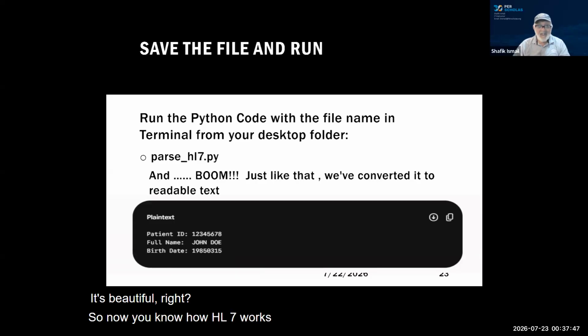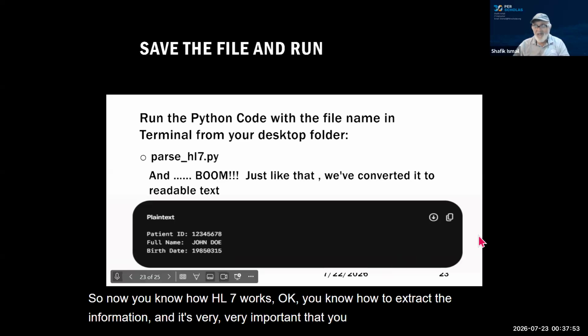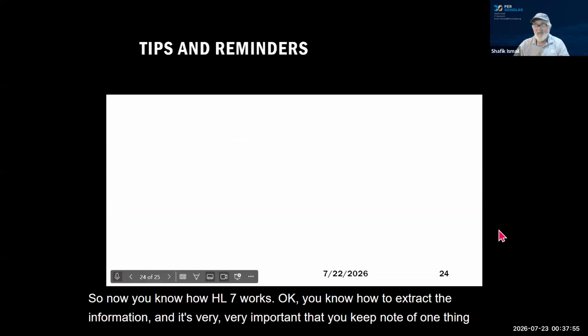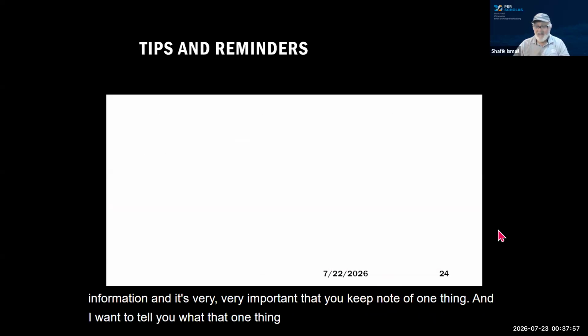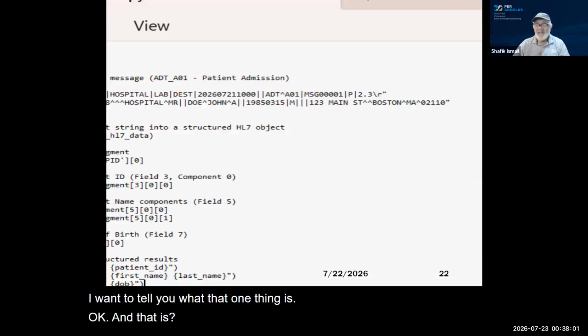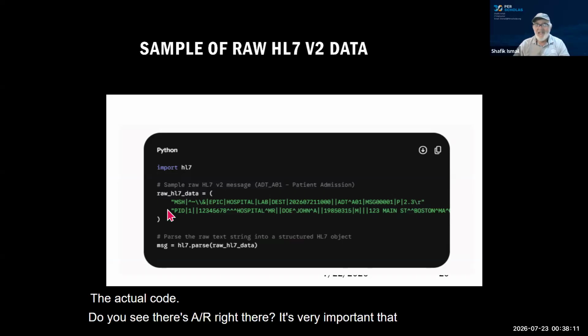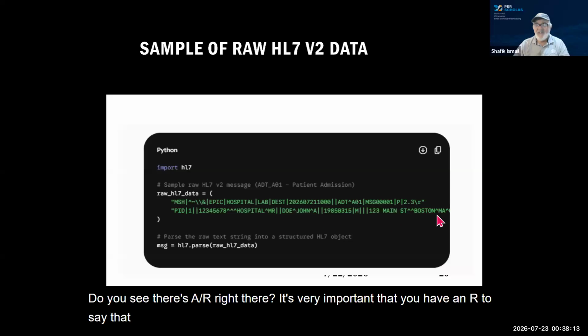So now you know how HL7 works, okay? You know how to extract the information, and it's very, very important that you keep note of one thing, and I want to tell you what that one thing is, okay? And that is, if you look at the actual code, do you see there's a /R right there? It's very important that you have an R to say that that's a continuation.